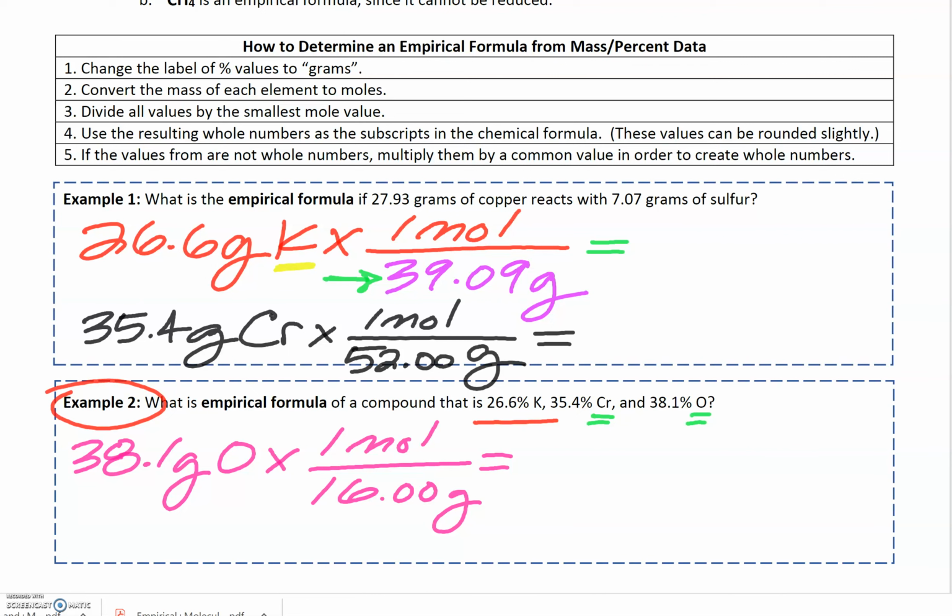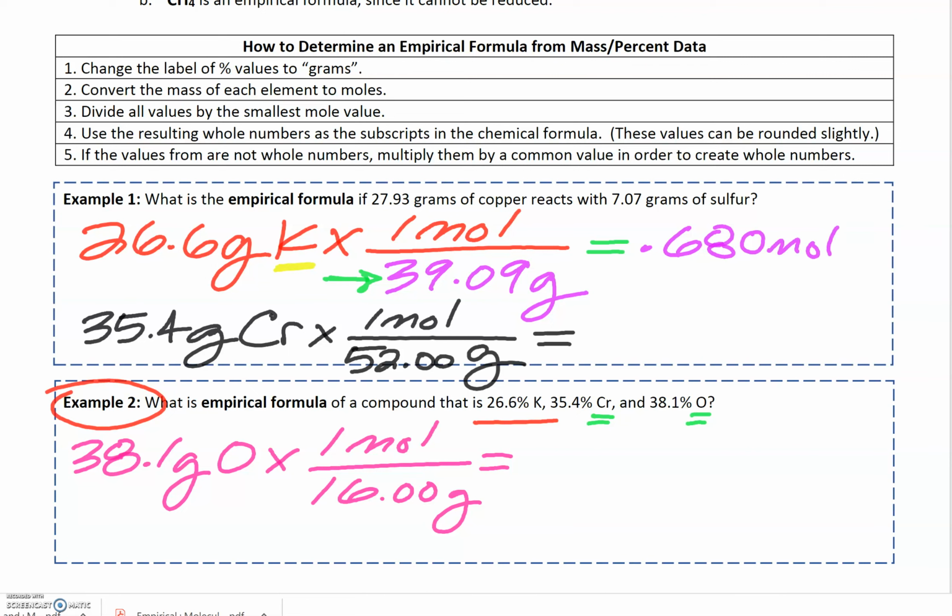So 26.6 divided by 39.09. Run that through your calculator. 26.6 divided by 39.09. And that's going to give us 0.68. And so this is going to be 0.680, and that's moles.